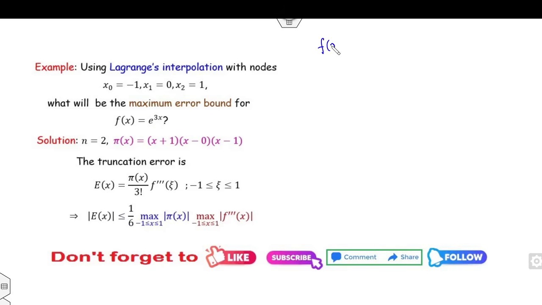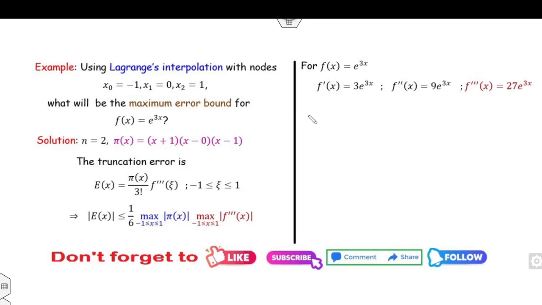So firstly, for the function f(x) equals e raised to power 3x, I can find the third derivative. First derivative is 3 into e raised to power 3x. Second derivative is 9 into e raised to power 3x. And the third derivative is 27 e raised to power 3x. Can you find the maximum value from minus 1 to plus 1 of the absolute value of the third derivative?